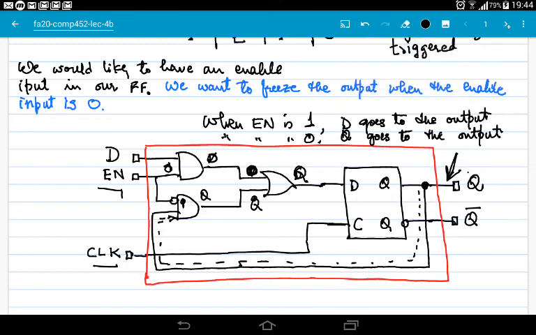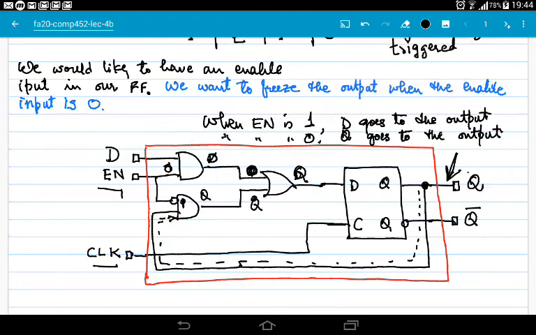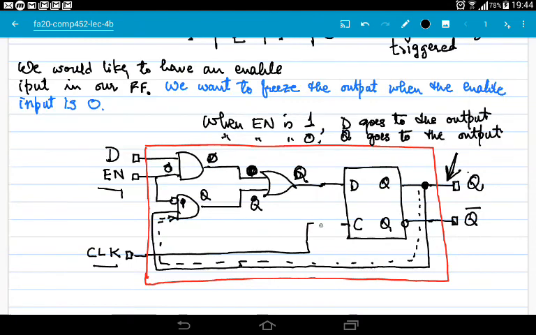I am going to draw this NOT gate here, sorry, not NAND but NOT, because I want this to be a negative edge triggered D-type flip-flop with enable input.